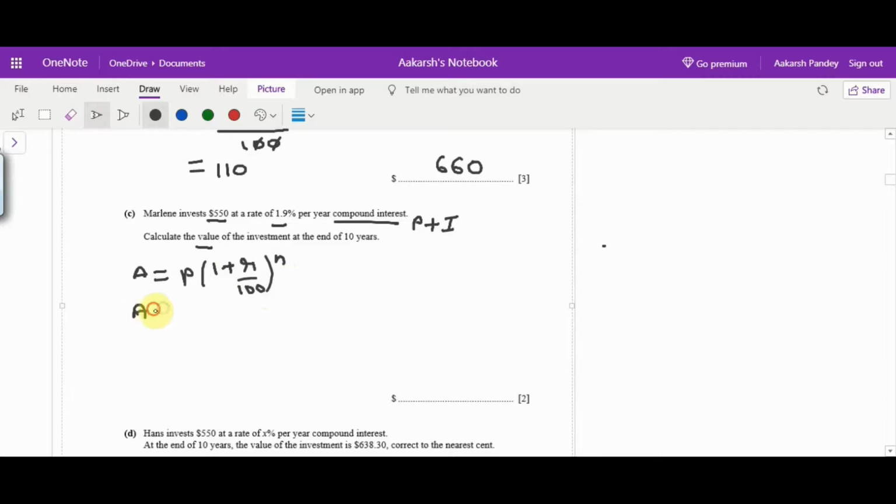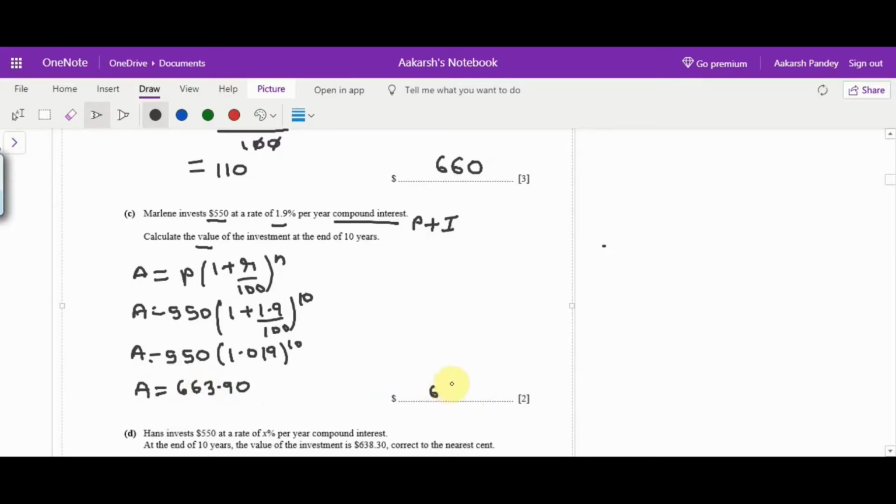So amount is 550 into 1 plus 1.9 by 100 raised to 10. So amount is 550 into 1.019 raised to 10. This works out to be $663.90.